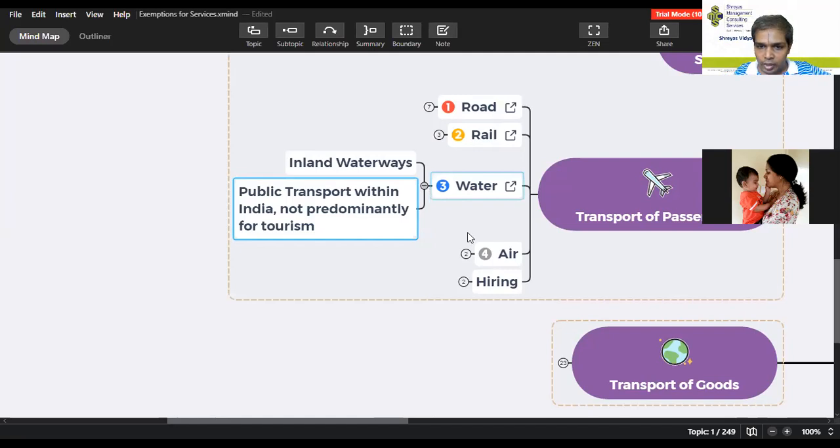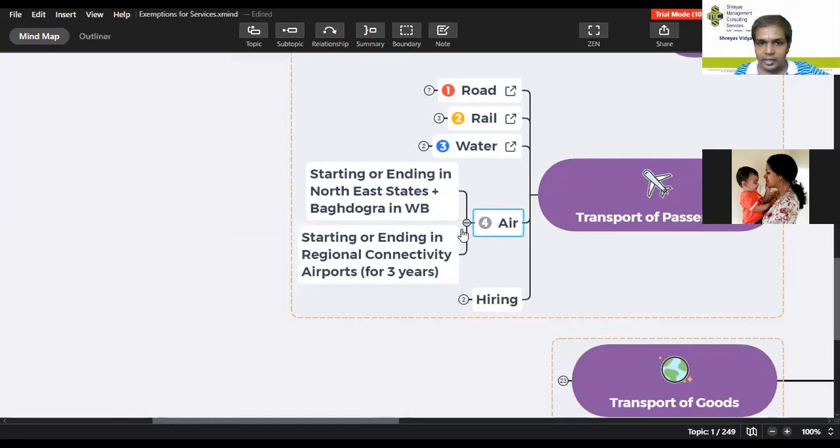Then the next point of exemption is for air. Again, very simple point. See, these northeastern states are there. Can you tell me what the northeastern states are? Nagaland, Tripura, Manipur. Then you have Arunachal Pradesh, Sikkim, Meghalaya, and Mizoram. Yes, I missed that one.